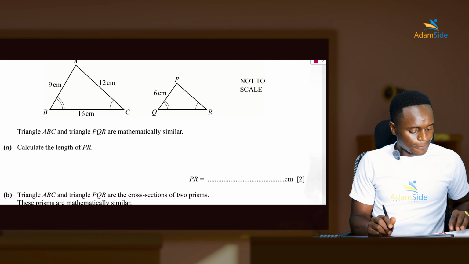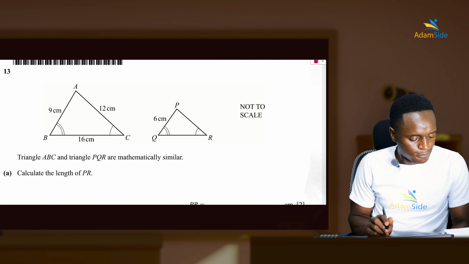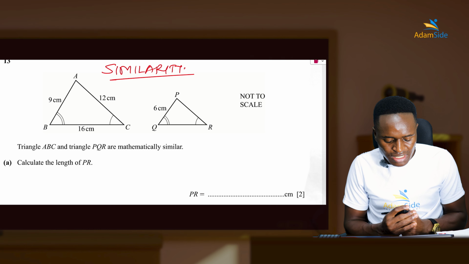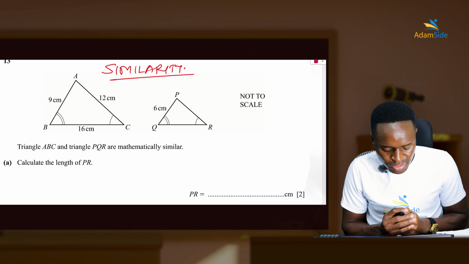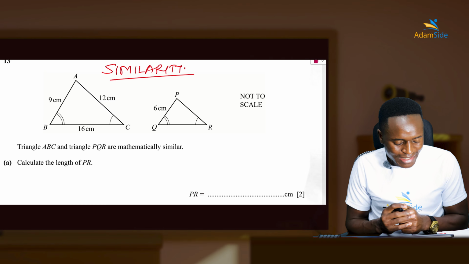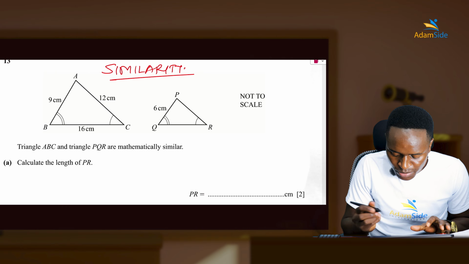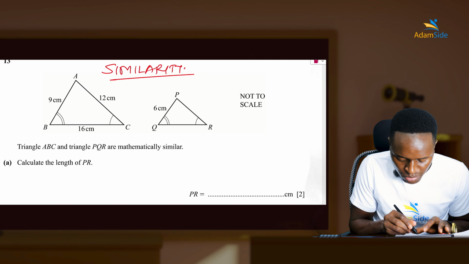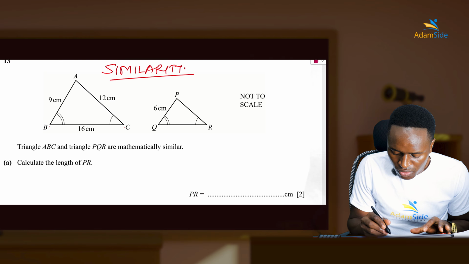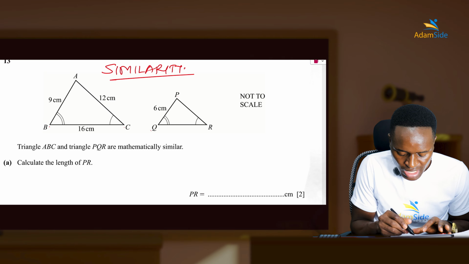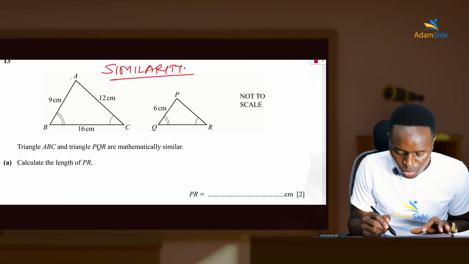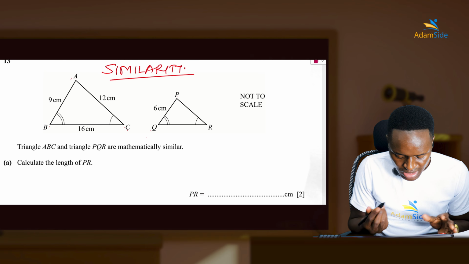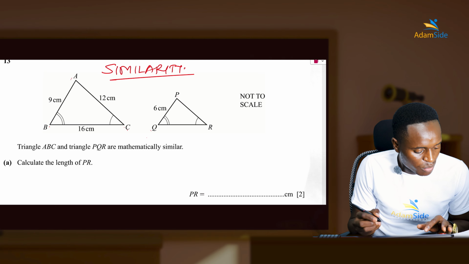Correct. Question number 13. We're talking about similarity. Triangle ABC and triangle PQR are mathematically similar. Calculate the length of PR. Because we say similar, angle ABC is equal to angle PQR. Therefore, AB over PQ should be equal to AC over PR. You have to compare sides.